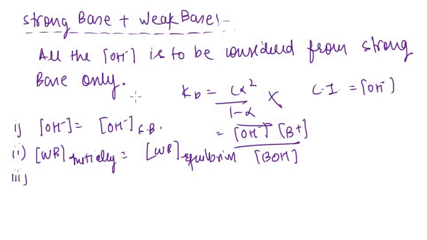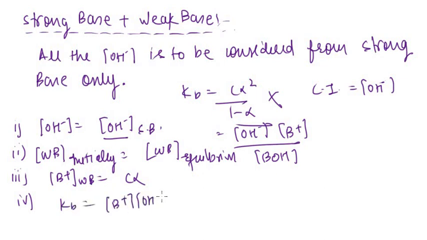We know it will be a little bit dissociated, but due to a very high amount of OH negative coming from the strong base, the alpha has been suppressed so much that it is considered negligibly dissociated. Third, the concentration of B positive coming out from the weak base is C alpha. And the fourth point is Kb, we write it as B positive and OH negative over BOH.